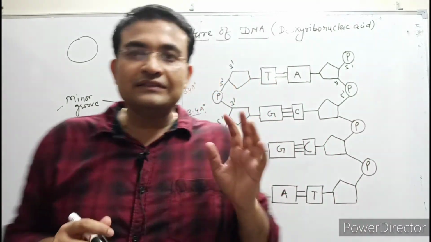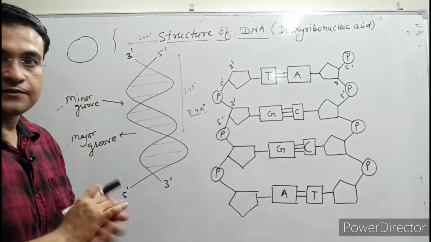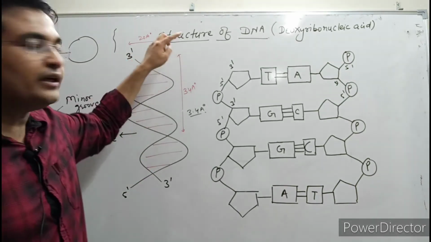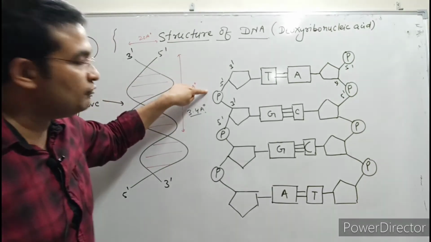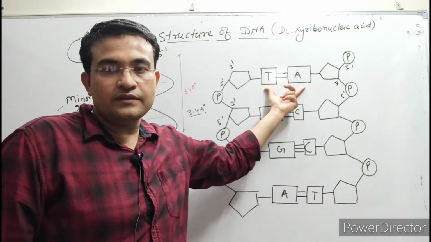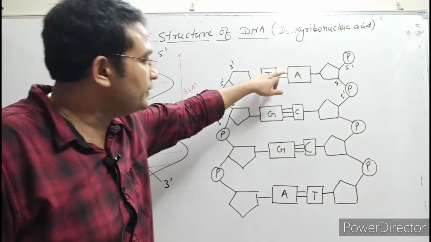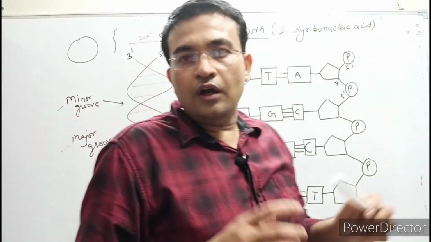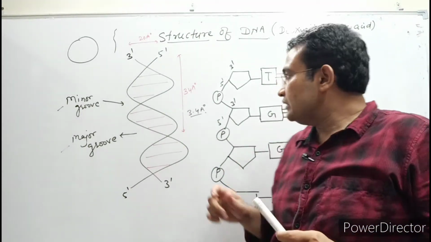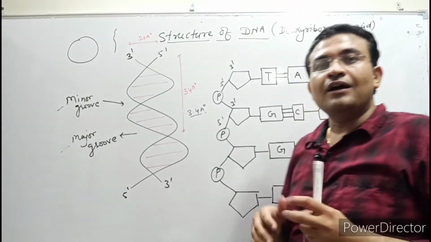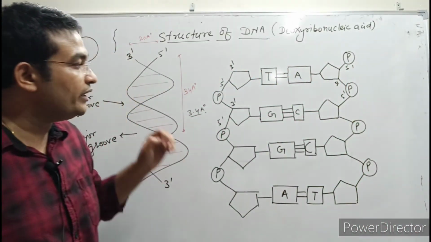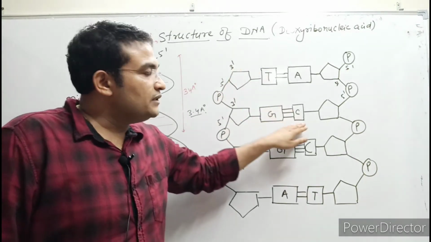This structure can be compared to a staircase in which the backbone is made up of pentose sugar and the phosphate group, and the steps are made up of nitrogen bases and they are held together by the hydrogen bonds. According to Chargaff rule, in a DNA molecule, the amount of thymine is equal to the amount of adenine, and the amount of the guanine is equal to the amount of the cytosine.